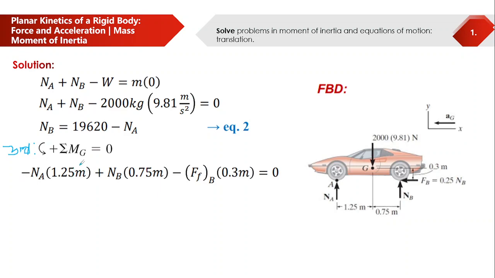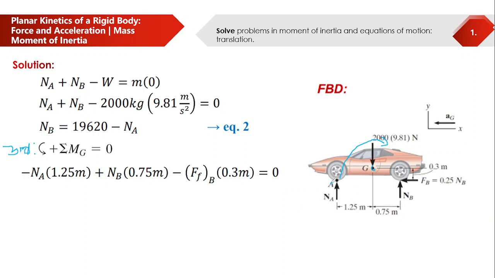So therefore, all moments at point G, so the point of moment natin is at point G. At A, we assume that the counterclockwise sense is the positive sense. Therefore, for N sub A, that will be negative kasi nga papuntang clockwise siya.